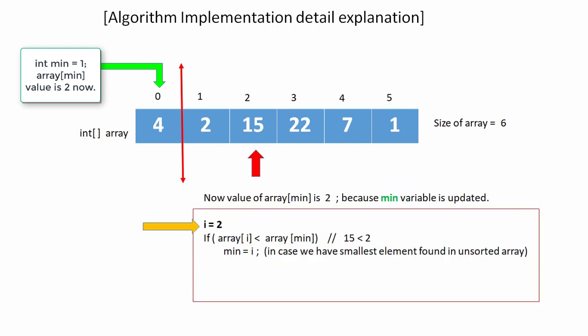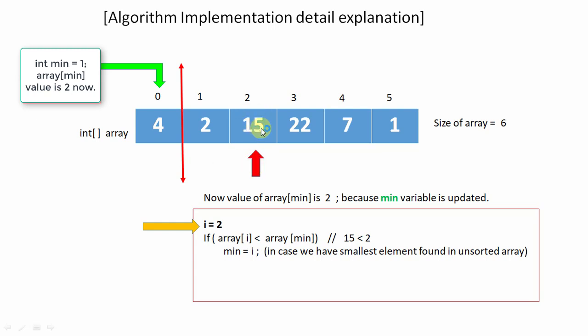Okay guys, so in the previous step we found 2 is the smallest element. We have stored its index, and the pointer will move to the next for picking up the next element.